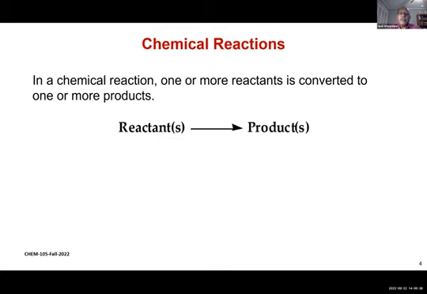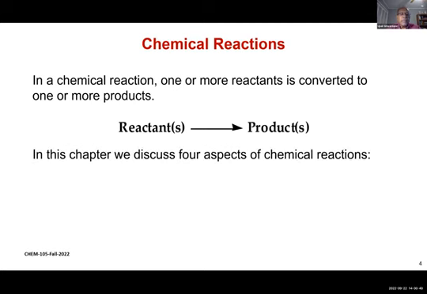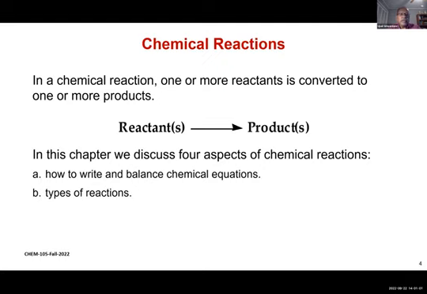But you show the chemical reaction with formulas. So we're going to discuss 4 aspects of chemical reactions in this chapter. How to write a balanced chemical equation, how to write formulas, then balance the chemical reaction. We're going to learn what kinds of reactions take place commonly in chemical reactions.